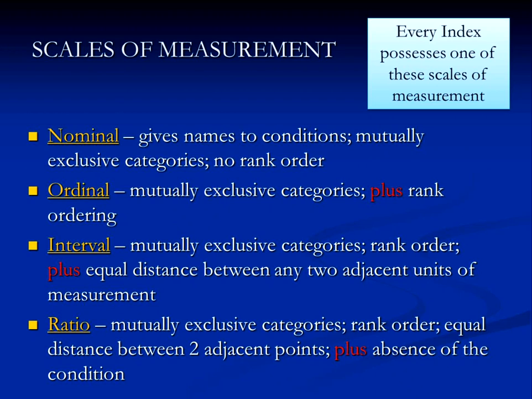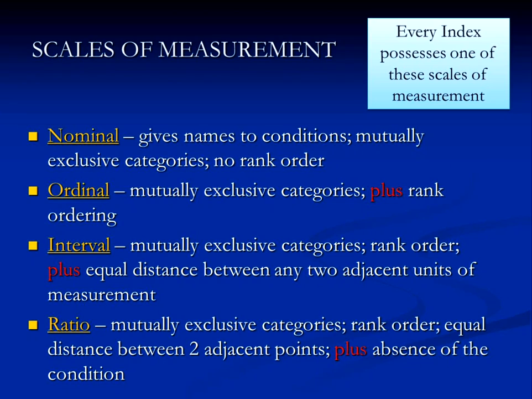If we were doing marital status, we could do married, single, divorced, widowed, etc. We could say, if we had a nominal index of dog types, let's say, then we could have poodle, we could have labs, we could have pit bulls, we could have Dalmatians, we could have beagles. So we're not really rank ordering those, we're just naming different categories.